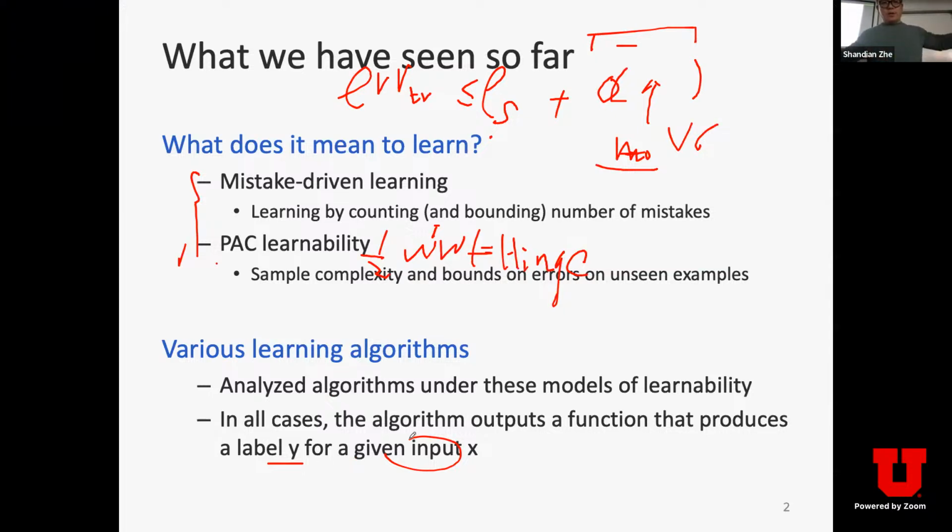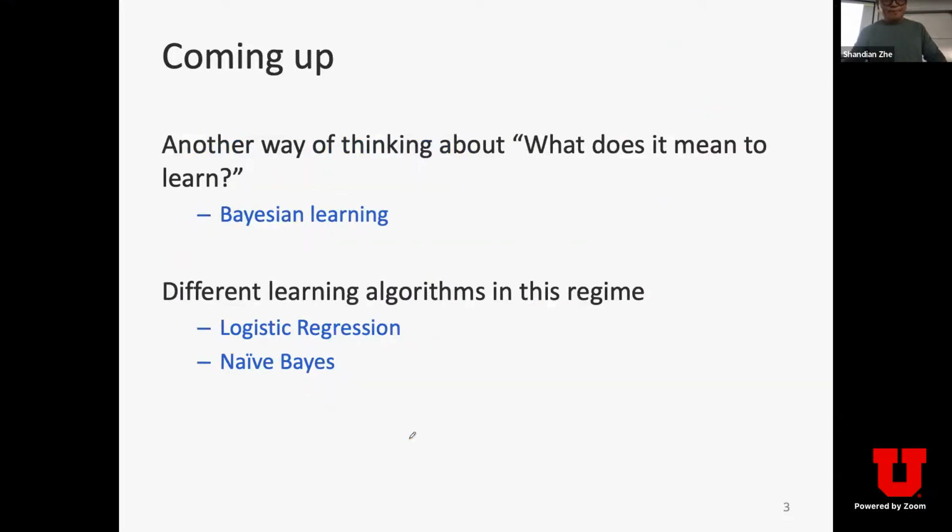Now we would like to add something to the framework and organization of the learning algorithms and models we have discussed. We're going to introduce another way of thinking about what it means to learn, which is called Bayesian learning. Bayesian learning uses a probabilistic view for hypothesis search. Nearly all of our previous learning algorithms are some kind of deterministic search procedure.